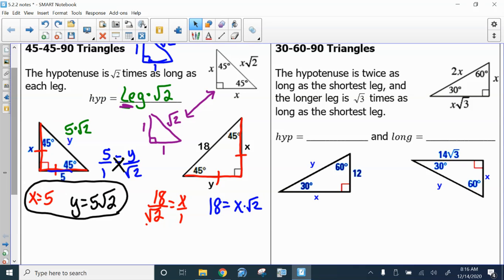So the equation is just undoing the cross multiply product. If we want to get x by itself, though, I'm going to have to undo that square root of 2. And I'm going to talk about this more here in just a second.